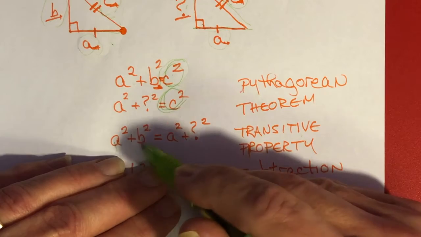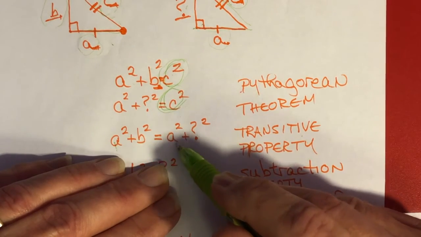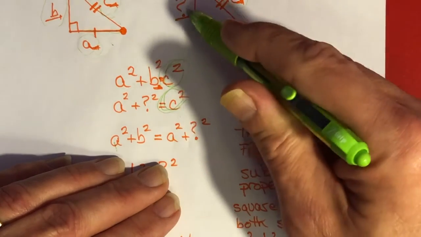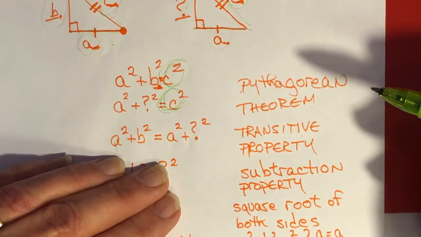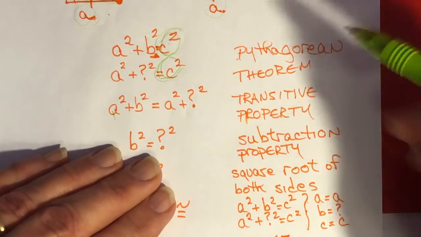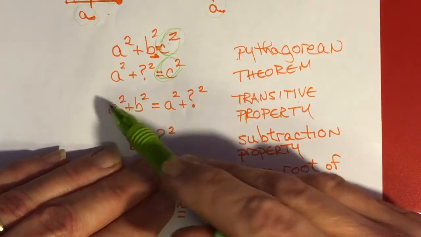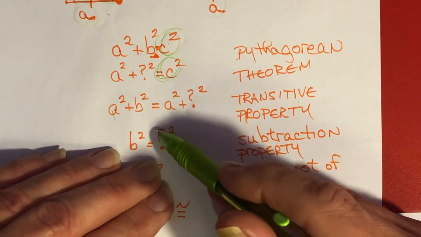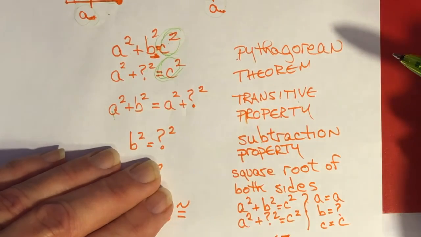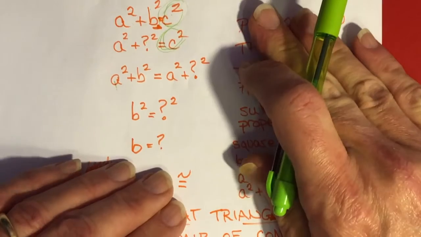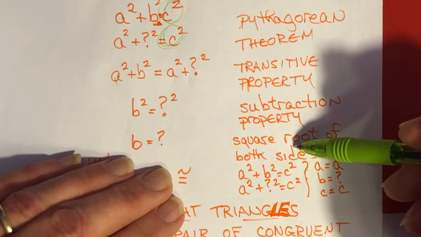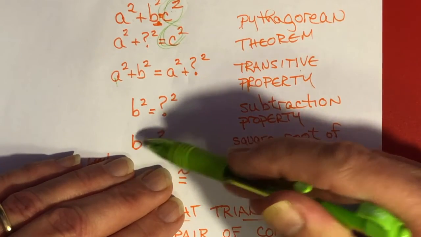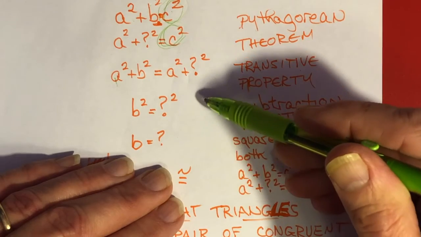So I have a squared plus b squared is equal to a squared plus whatever side that is squared. So now what? Well, I can subtract a squared from both sides. I have b squared is equal to the mystery side squared. I can take the square root of both sides, which means that b is equal to the mystery side.